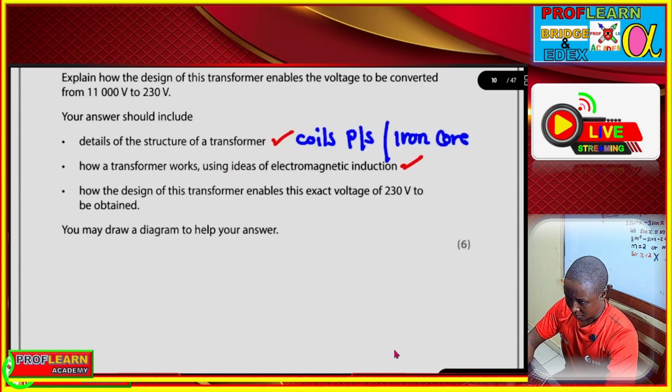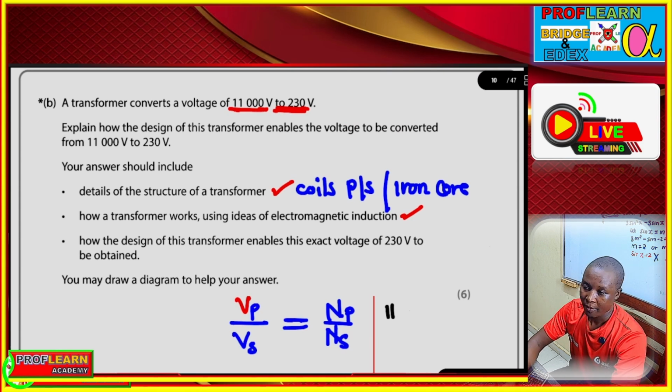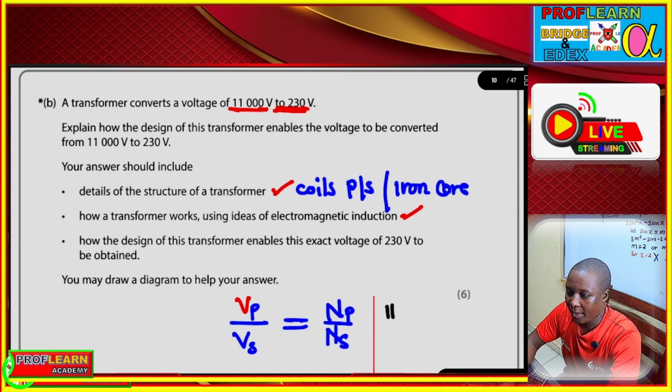In that case, we are going to use the formula VP over VS, voltage in the primary coil over voltage in the secondary coil, equals number of turns in the primary coil over number of turns in the secondary coil. That is the formula we're going to use. Then we substitute, because we were told the voltage in the primary coil was 11,000.